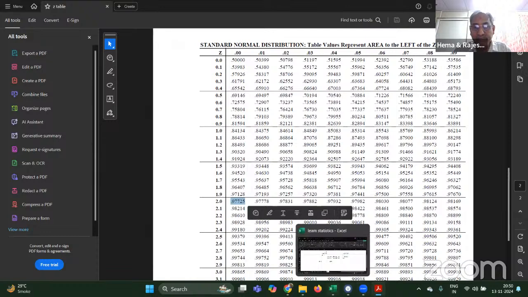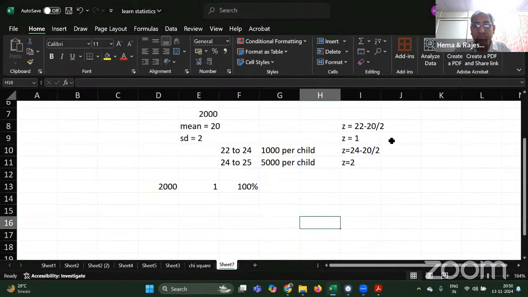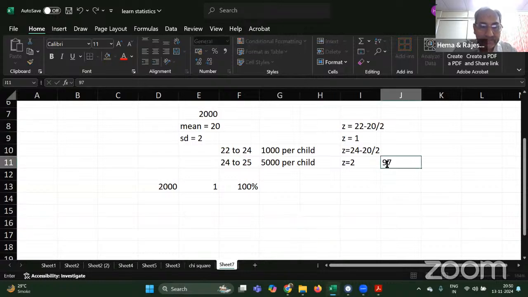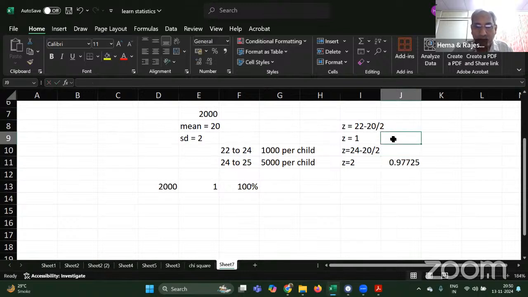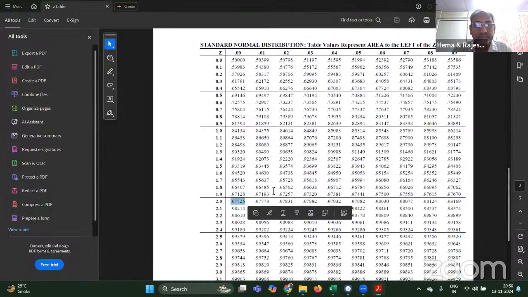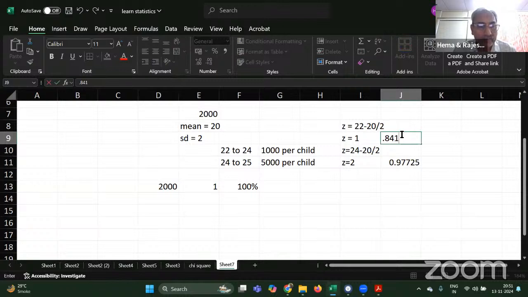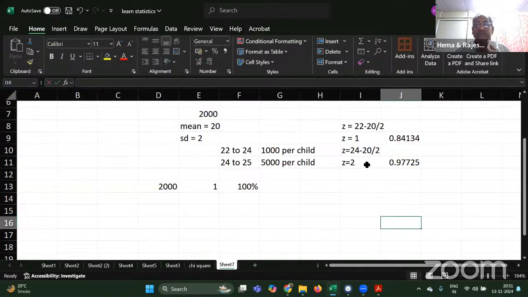Let us go for the exact figures: 0.97725 for Z2, and 0.84134 for Z1. Z2 covers this much area, Z1 covers this much area.